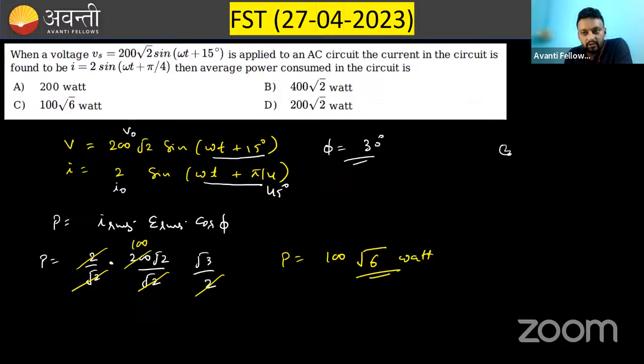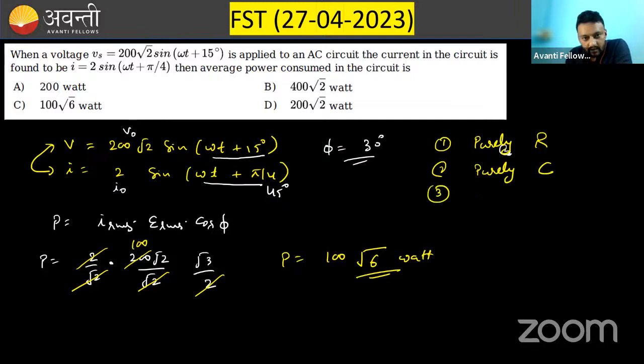One more thing that I want you to answer, just give me the answer. Looking at these two equations, I am asking you which AC circuit it may be. Your first option is purely resistive. Second option is purely capacitive circuit. Third option is RC circuit. Fourth option is RL circuit.